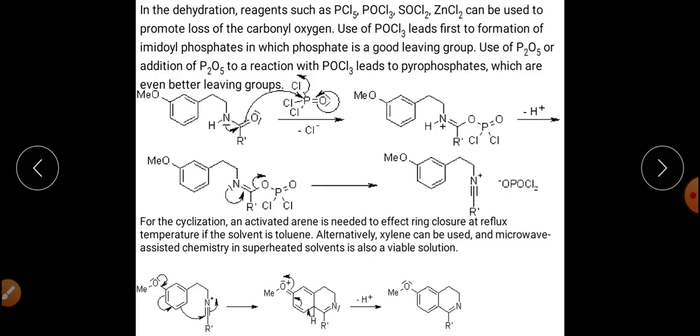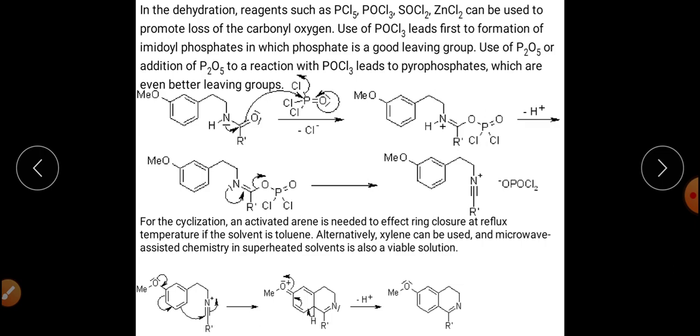When we talk about the mechanism of this reaction, which is very important, it generally involves two steps, in which the first one is the dehydration step. In the dehydration step, the C double bond O group is eliminated, that is water is eliminated during this course of reaction.